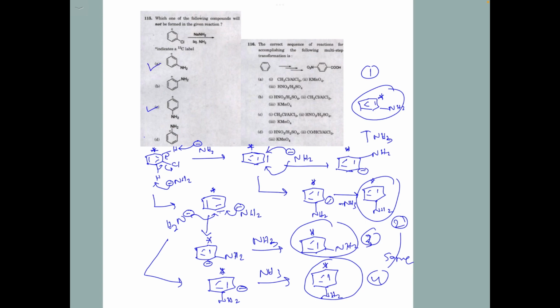Option A is the meta product, 3. And you see where 1 is placed among B and D. So 1 is here, in option B. So this molecule is not found. Option D is not found. So the correct answer is D.